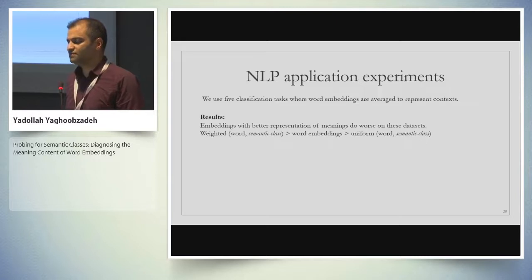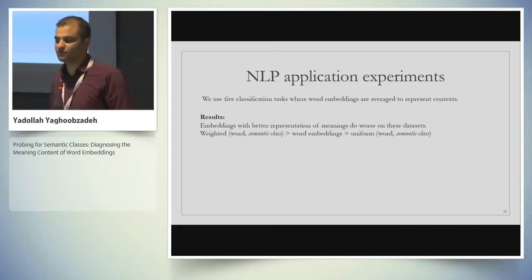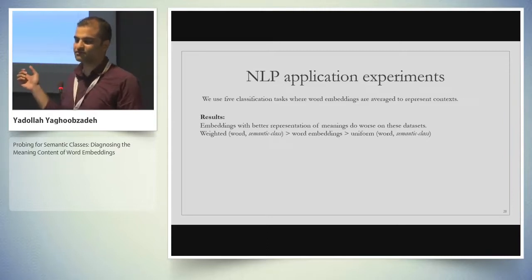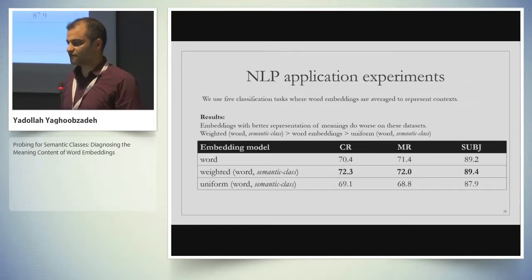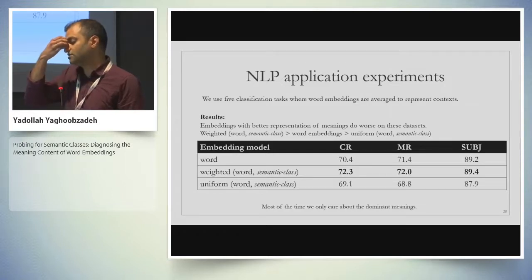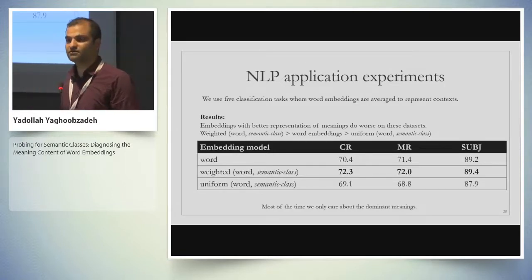The embeddings that have a better representation of meanings do worse on these data sets. Actually, uniform is the worst, and then word embeddings and weighted. And as a reference, you can see that the difference is quite significant. We relate this to the fact that most of the time we only care about the dominant meanings in the tasks. Therefore, if an embedding has a better representation of rare meanings, it actually hurts.